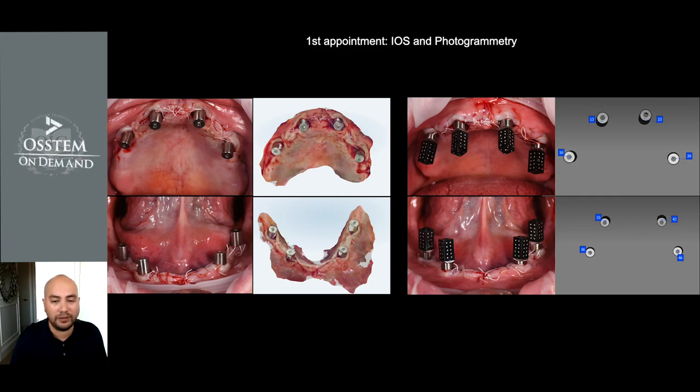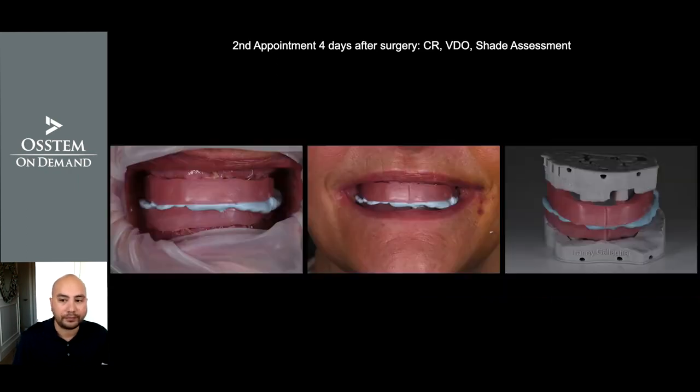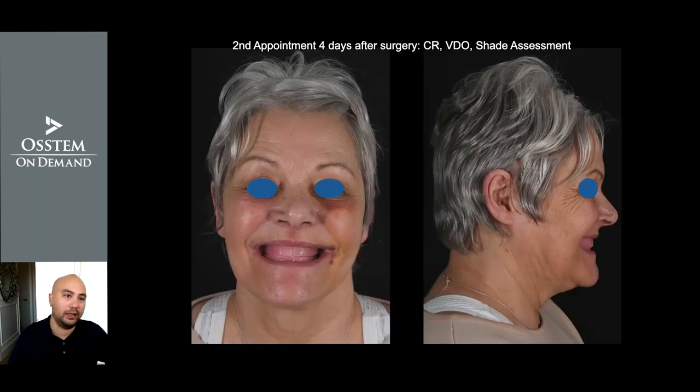Then we use photogrammetry to capture the position of the implants. The second appointment, 4 days after surgery, we determine the centric relation, the vertical dimension, we assess the shade, and then we take some photos, which are then sent to the technician to assess the midline.